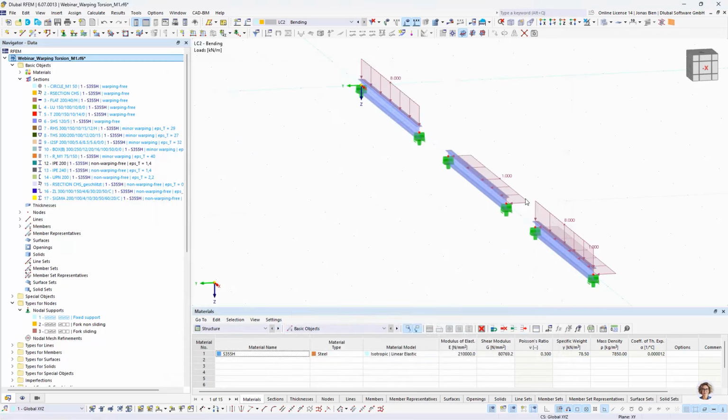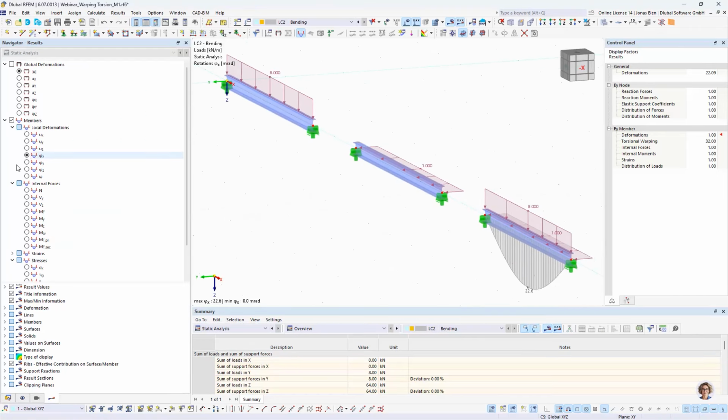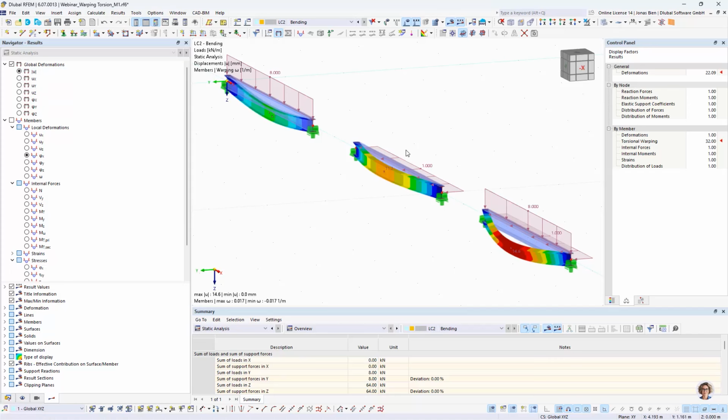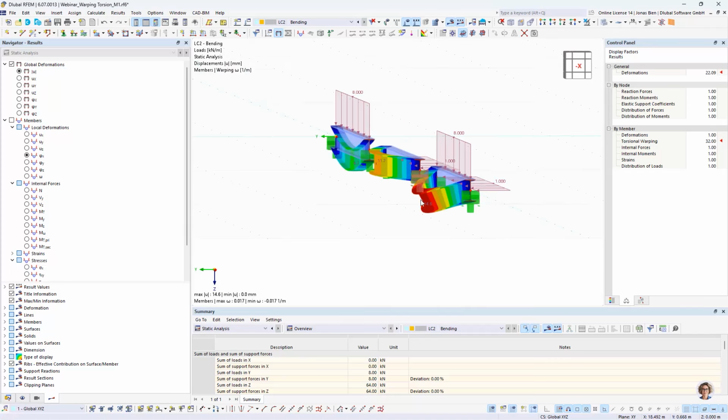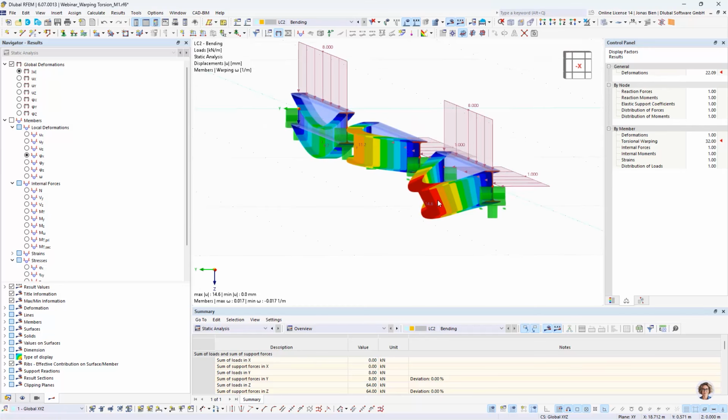Here, okay, I just left on the local deformations about the x-axis of the member, and we can already see that in fact for our member under double bending or biaxial loading, there are actually now rotations. And if we check the global deformations, we can very clearly see that now our member is also twisted towards the middle.